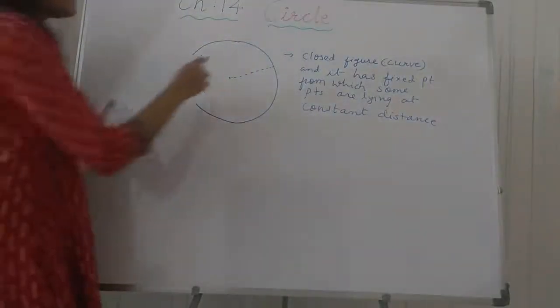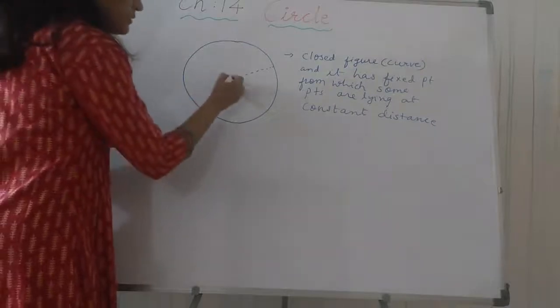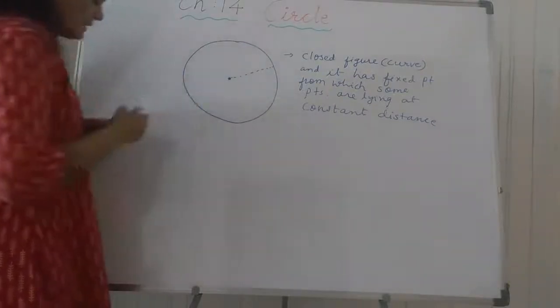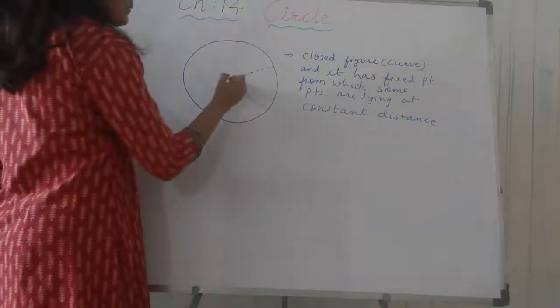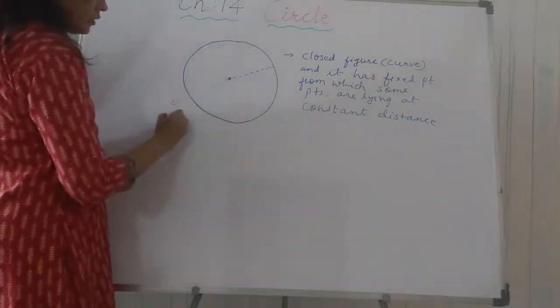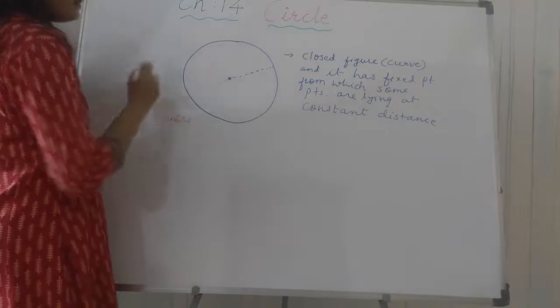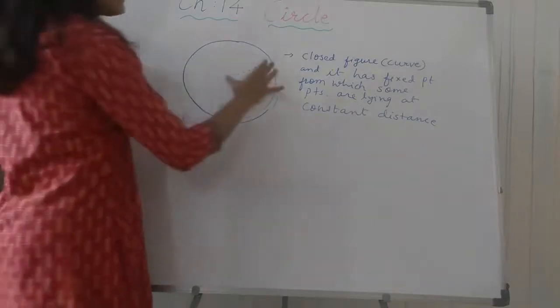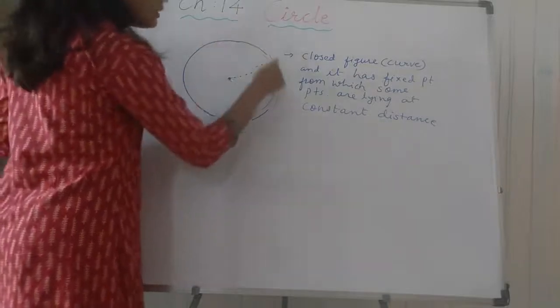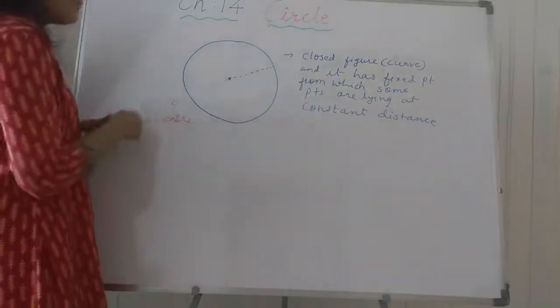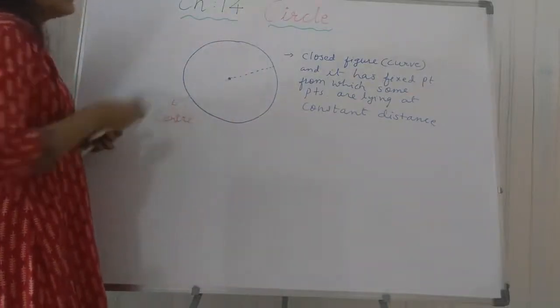Now what is this fixed point called? This fixed point is called the center of the circle. So here I am writing, this is the center of the circle, and the constant distance from the center to the other points of the circle is called the radius.